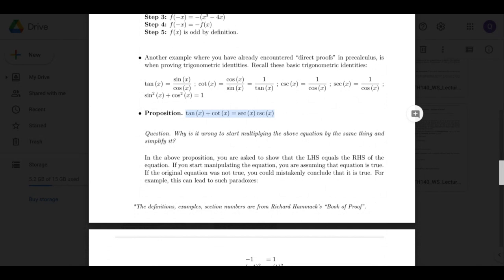Or sometimes we simplify both sides and meet in the middle, which means the left-hand side equals something, and the right-hand side also equals something. All right, so there are three kinds of ways to do this.